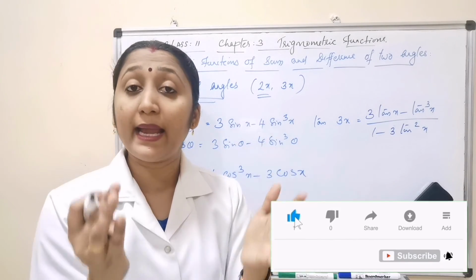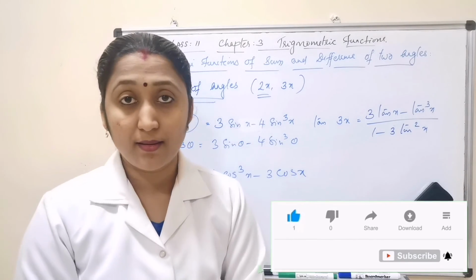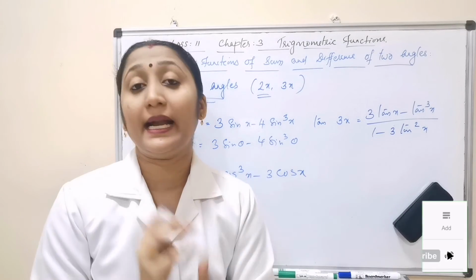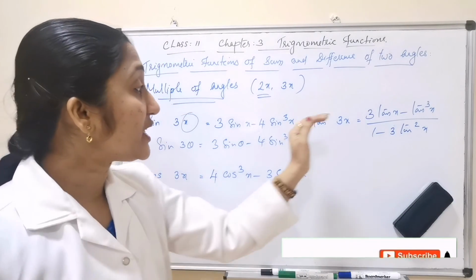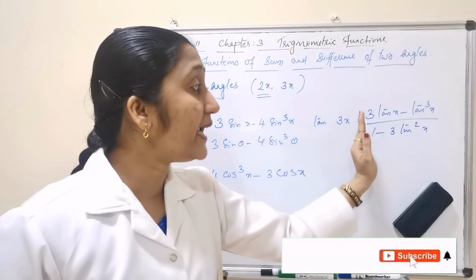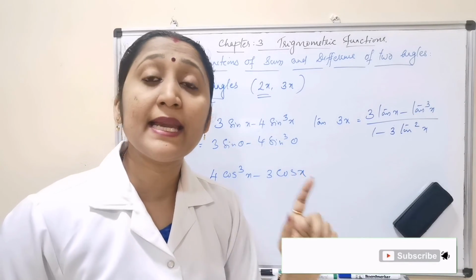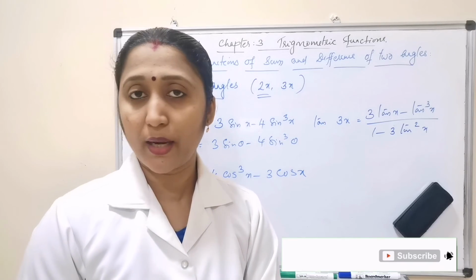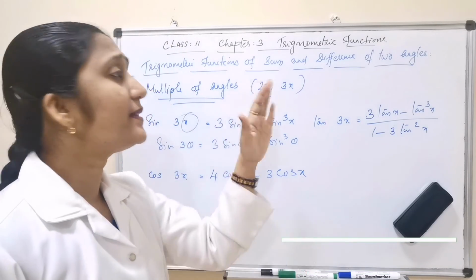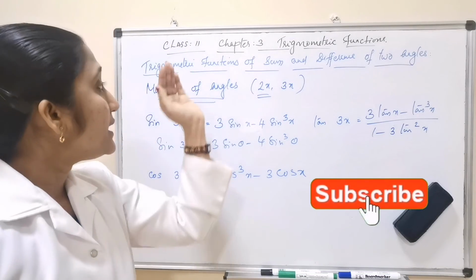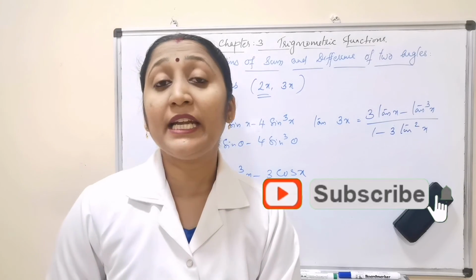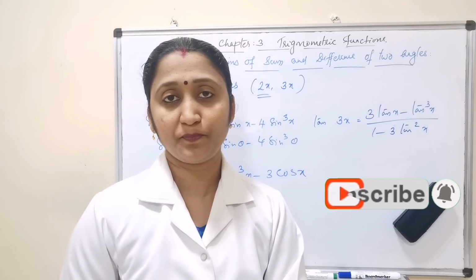You have to learn it by heart through the comparison method, then only you can easily understand. Next, tan 3x equals 3 tan x minus tan cube x by 1 minus 3 tan square x. Is it clear? These are the formulas about trigonometric functions of sum and difference of two angles.